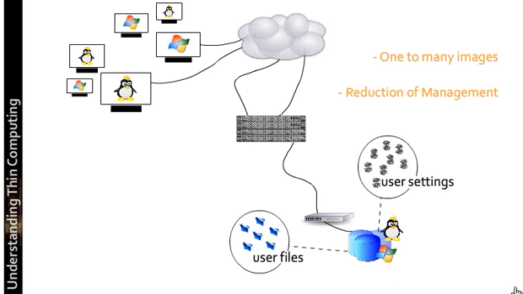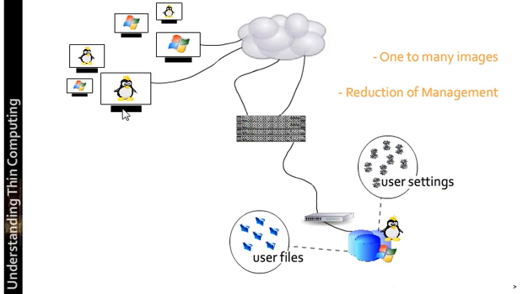Alright, one of the great advantages to thin computing also is the reduction of management of the environment. So we have many images that we can use here to supply our users. In a standard environment, we have, let's say, 1,000 users with 1,000 unique images. We have to patch those and maintain those.